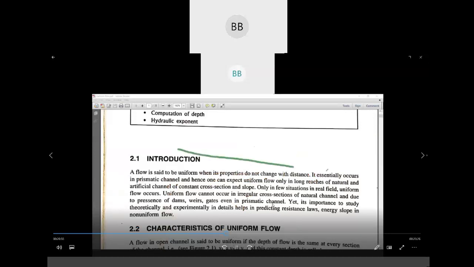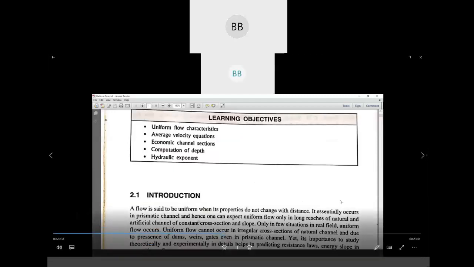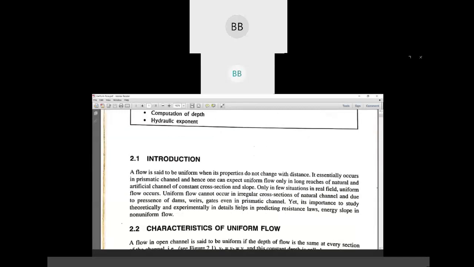Uniform flow we have already discussed. If we have a channel, this is the level of water, and we have considered two sections.